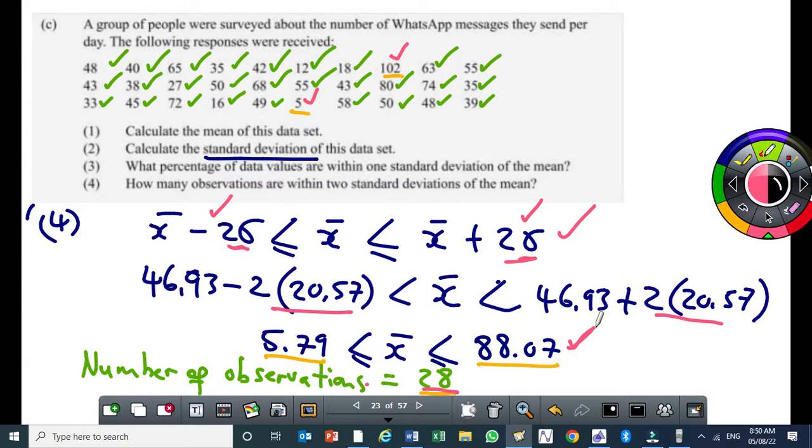So you find that the only values which are not within this interval are going to be 102 and 5. So in total, how many of them are within this interval? It's going to be 30 minus 2, which gives you 28.